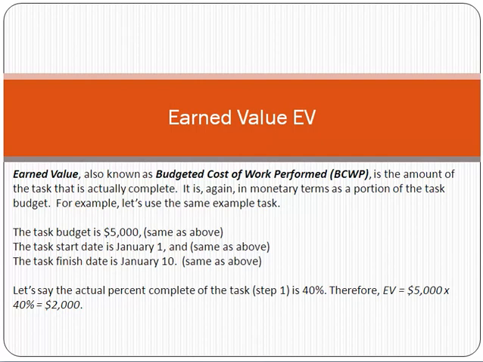So you multiply 40% by the budget of $5,000, and it will be $2,000. That means that only $2,000 of work has been completed. That is called the concept of earned value.